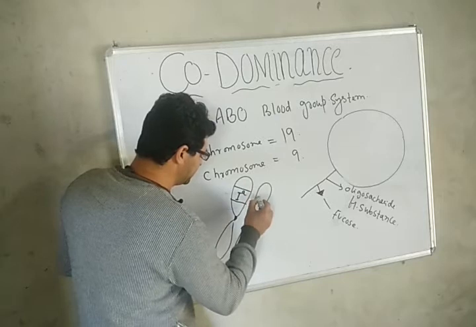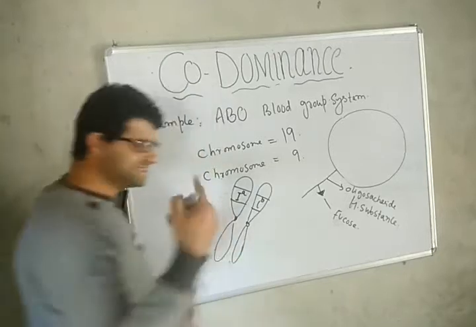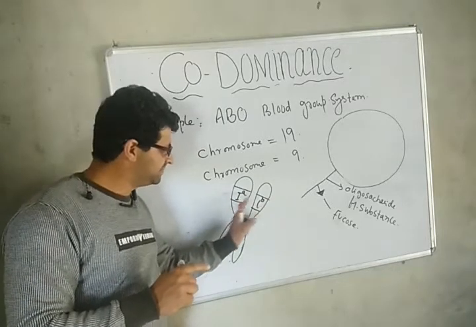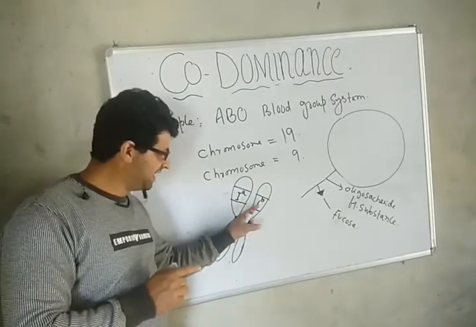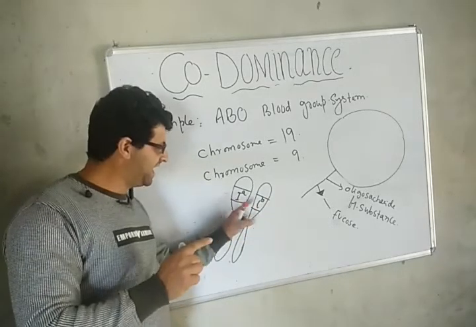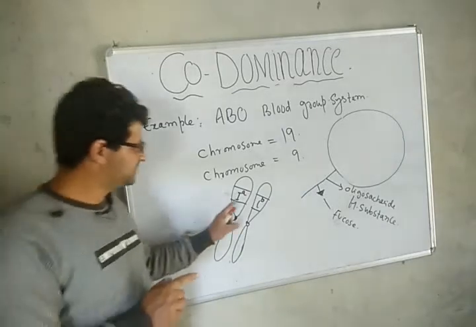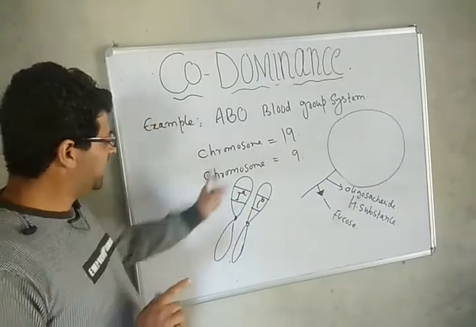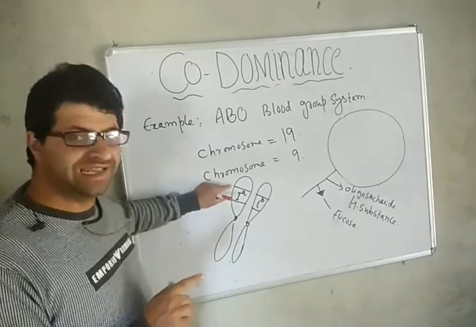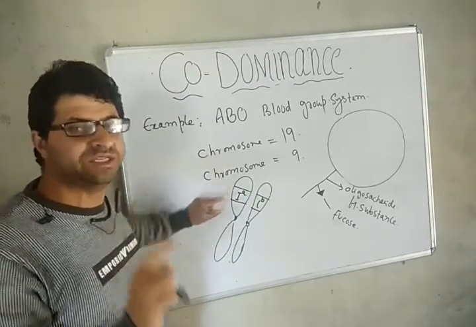These alleles are represented by, say, IA, IB, and there is another allele. Sometimes in this pair there may be IA and IB. Say for example, if a chromosome number 9 homologous pair has two types of alleles present over it, these two alleles pertain to the same gene.